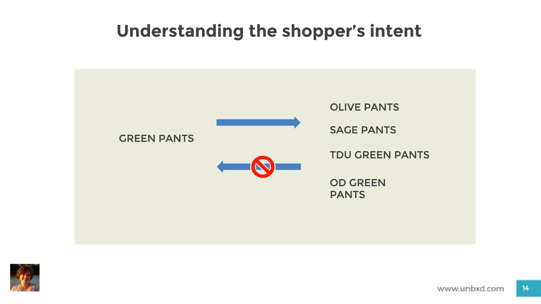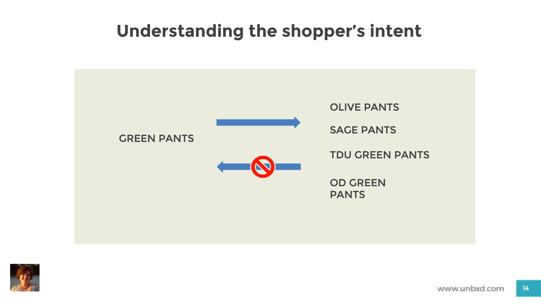Here, I'll show you another example. We've got a lot of shoppers on our site who search for color variants of products, and color is really critical on our site. Our audience is primarily military, and the military has very exact uniform requirements.